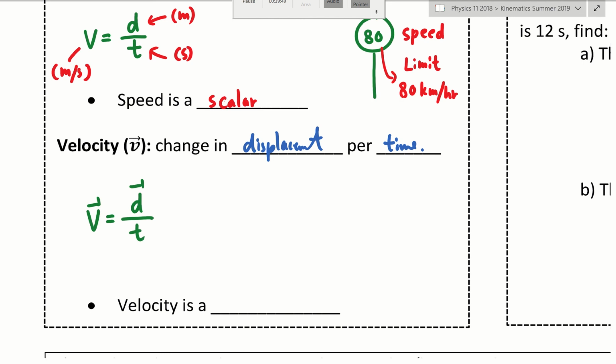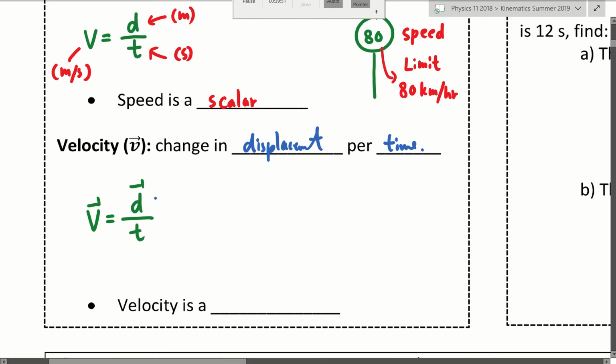So it's not distance over time, this is actually displacement over time. Of course, everything else is exactly the same. This is the equation that you can use to find average velocity. And the unit, of course, is still measured in meters per second.